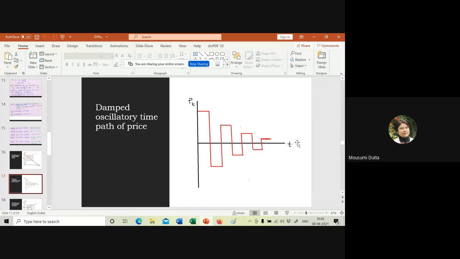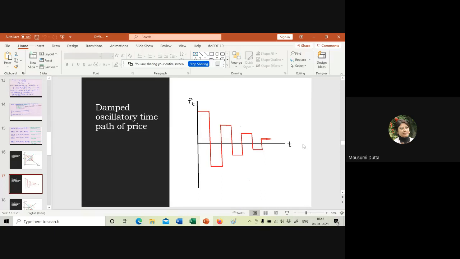Along this direction, we are measuring T. This is the equilibrium price PE, and the path of price is moving around it. I have put an arrow here because as T tends to infinity, it will keep moving up and down and finally merge with the equilibrium price asymptotically.